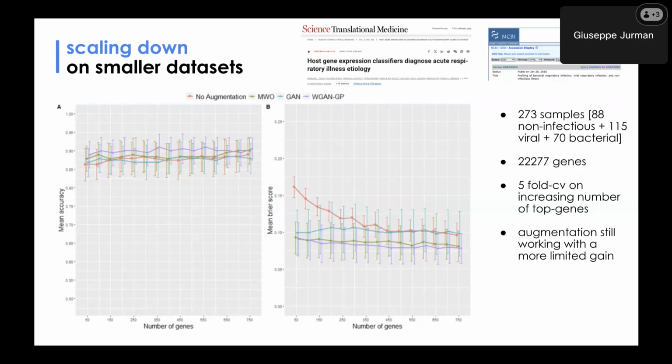However, although the dataset is small, we still reach a good improvement in the model performance. So, although with a more limited gain, augmentation still works if we are adding synthetic data. Clearly, the more the better in terms of sample size, but even if we are dealing with a small sample size, we can hope to achieve some good improvement.